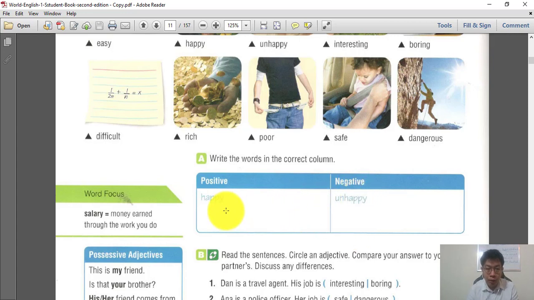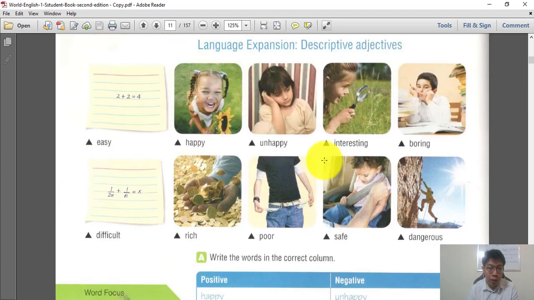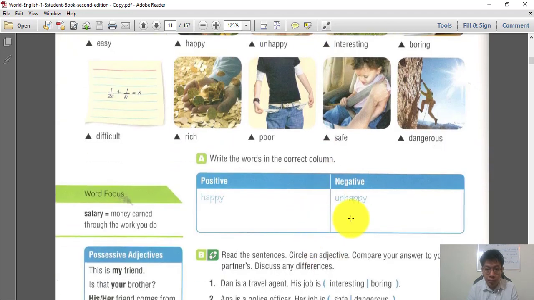Just like number 1 is already an example for you, happy is the opposite of unhappy, and what else. So you select the adjectives above here and put them in the box there. It's pretty simple. So this one, you do it again and again, and take pictures and send them to me within 1 week.